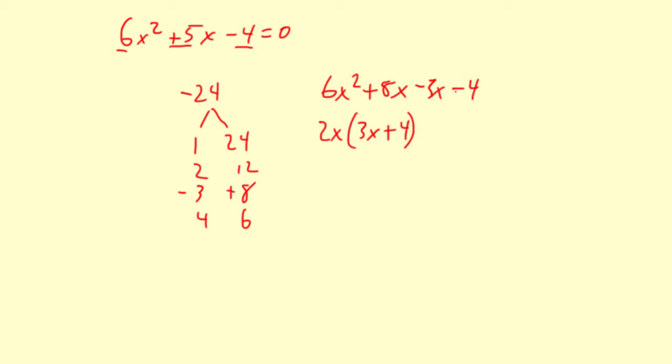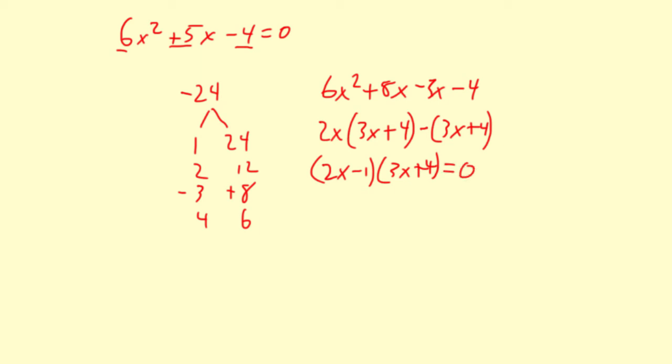And then the second terms, well, there's just a negative sign you can factor out. So that makes a negative, and then 3x plus 4, like that. And the next step is the grouping, the 2x, and then the negative sign. That's actually minus an invisible 1. So it's going to be 2x minus 1, and then 3x plus 4.